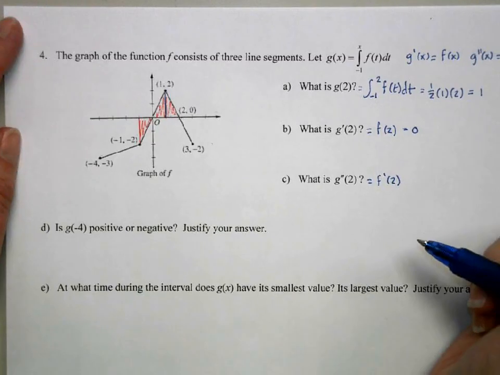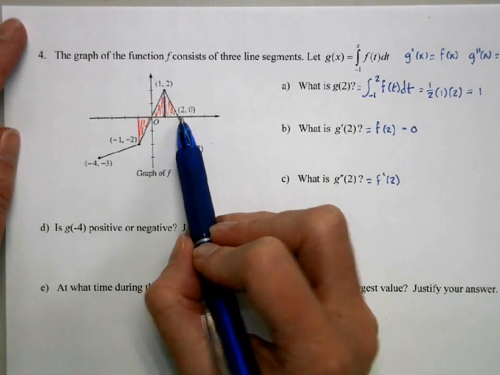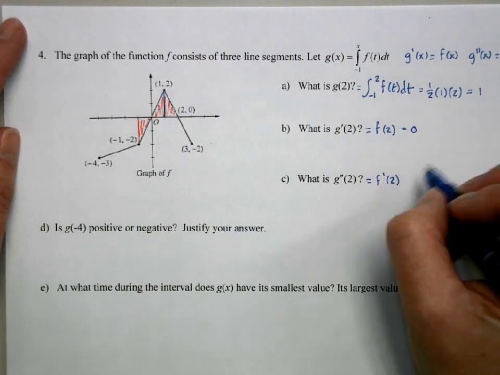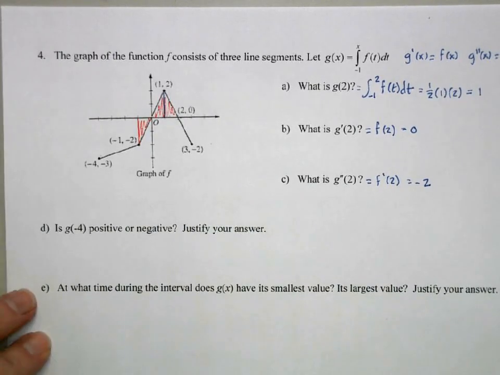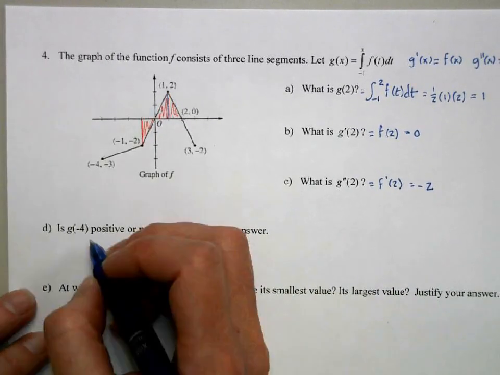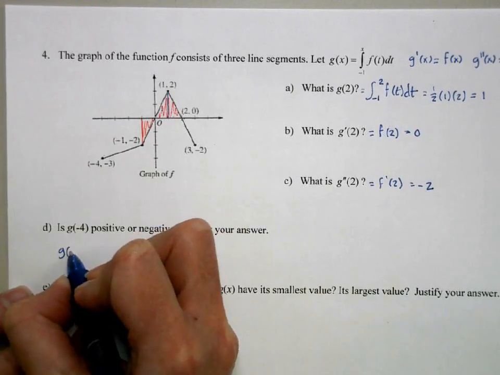Okay, then it says, is g of -4 positive or negative? So that's going to be the integral from -1 to -4 of f of t dt.